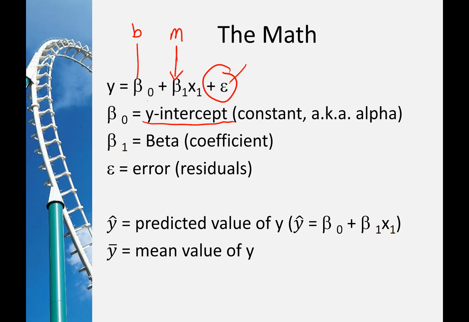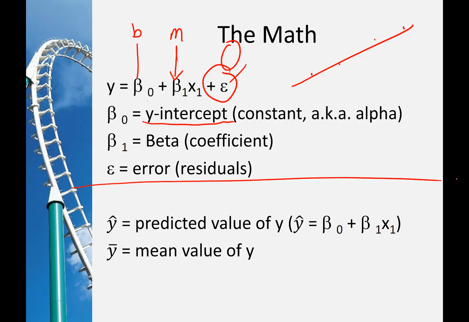When you were doing the lines in math, you didn't have any errors, right? You just had 4 dots and you connect the 4 dots. And so you didn't need that. And so the errors were assumed to be 0. And in fact, we hope that they will cancel out. Okay. So that's what the equation looks like.